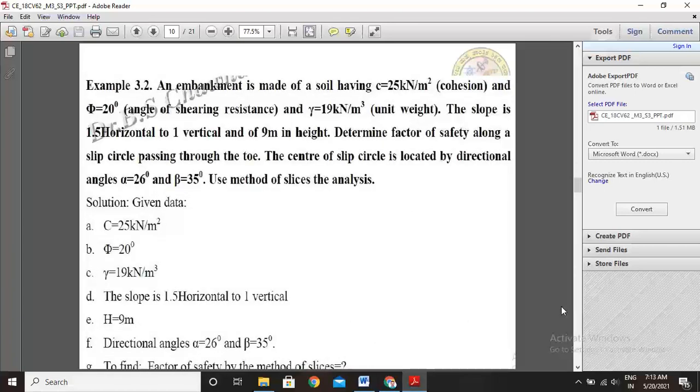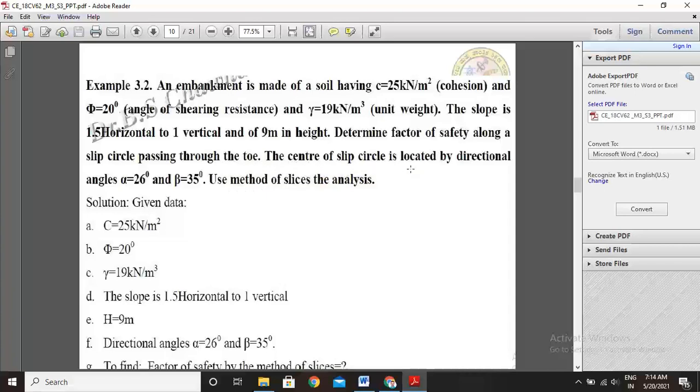Next, an embankment is made of a soil having C equal to 25 kN per meter square and phi equal to 20 degrees, that is the angle of shearing resistance, and gamma is 19 kN per cubic meter, that is the unit weight. The slope is 1.5 horizontal to 1 vertical and 9 meters in height. Determine the factor of safety along a slip circle passing through the toe.